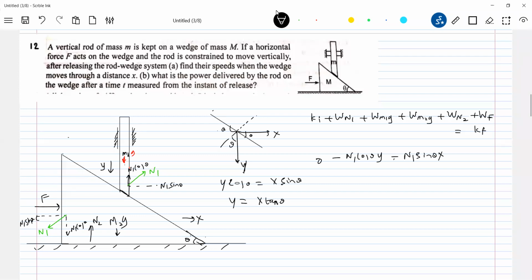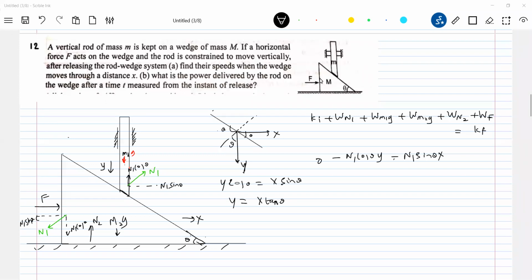The rod is moving. How will the rod move, vertically up or down? If the wedge moves towards the right, the rod will move vertically up.